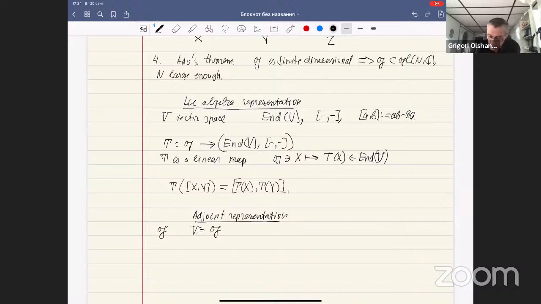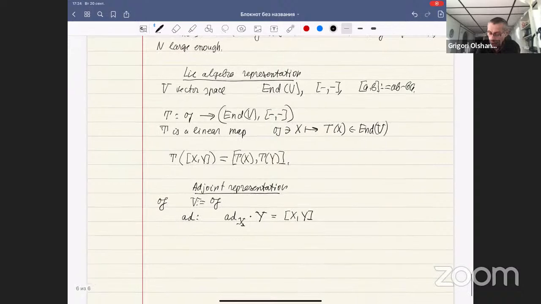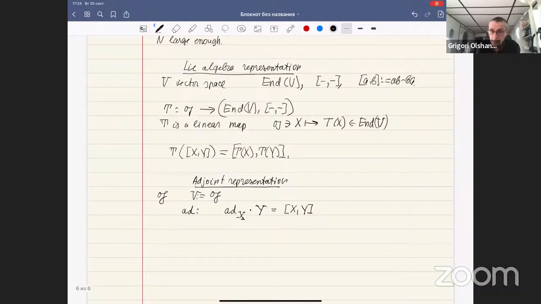And our representation, which is denoted as ad, the operator which corresponds to some element X, is defined as follows. It acts on a given element Y by taking the bracket. This is the definition.